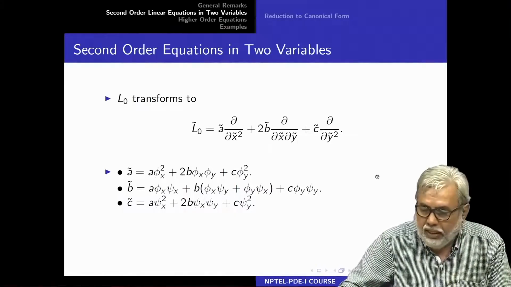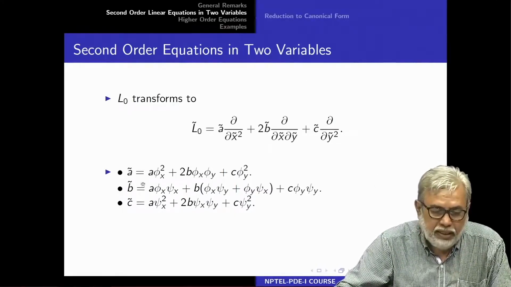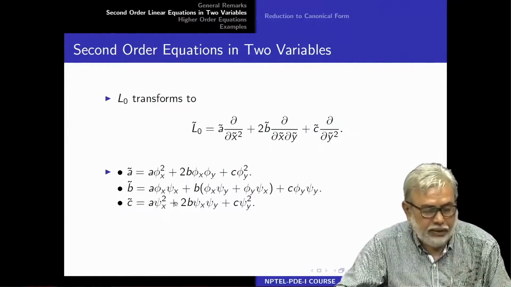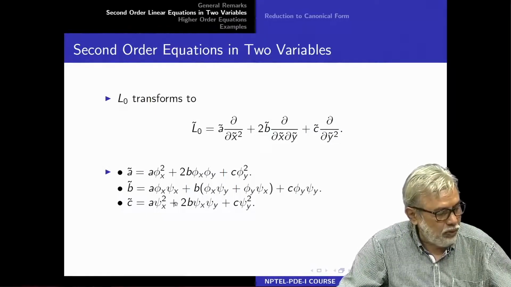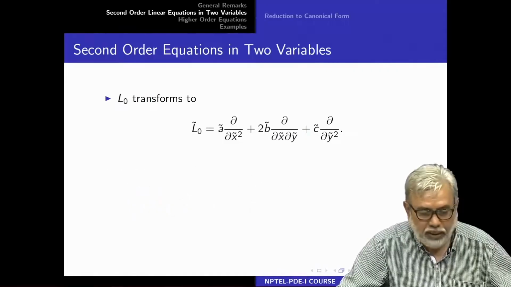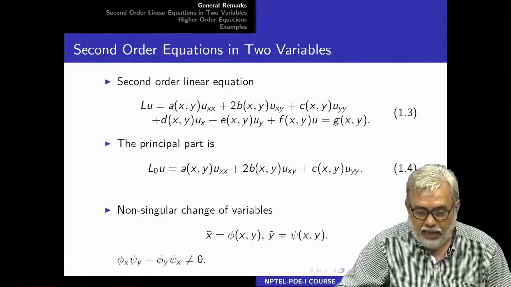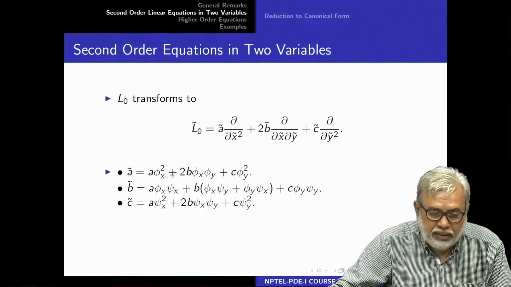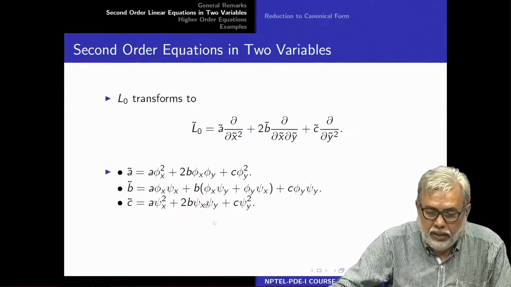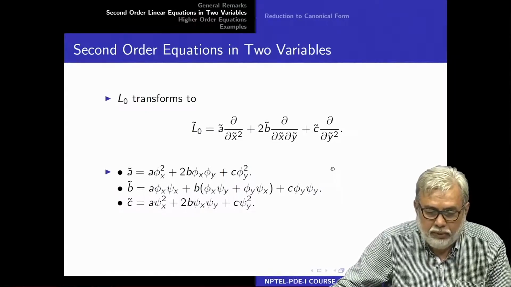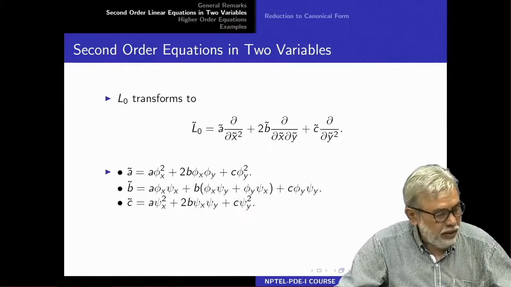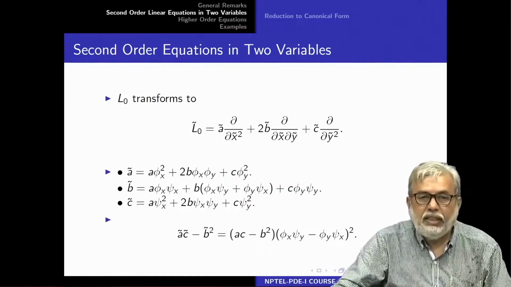There are only three quantities, a tilde, b tilde, c tilde, and they are given in terms of the coordinate functions that we seek, namely phi and psi. So, observe these things, because this is what gives us the transformation phi and psi. This is the important thing.